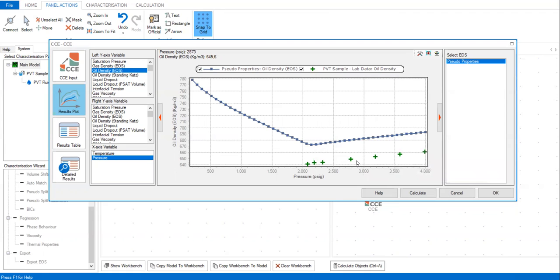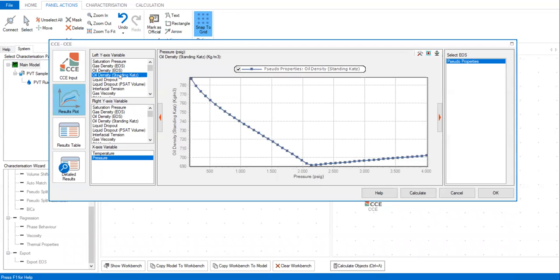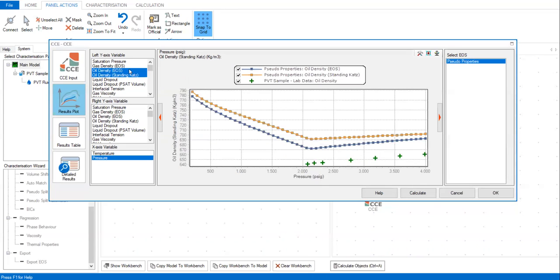Although not the exact value, but we can follow the trend. Okay, so that's for the first property, which is oil density. This is oil density using the equation of state as well as the Standing-Katz correction.